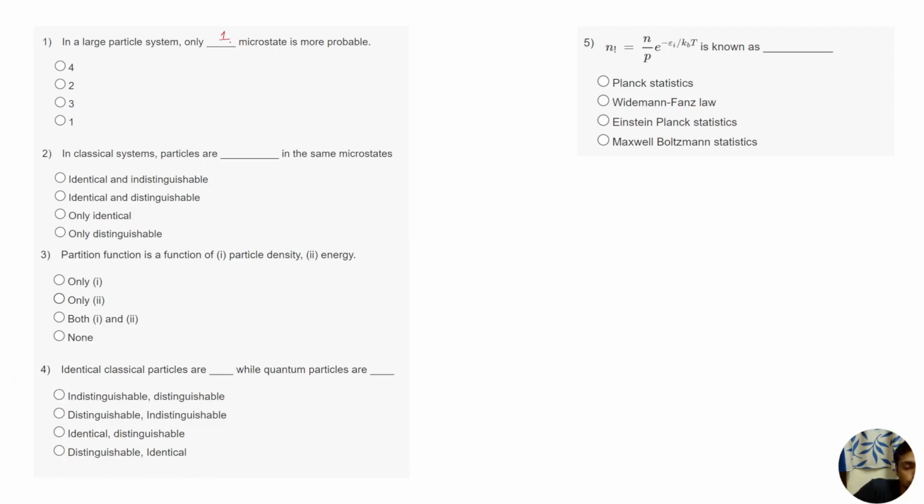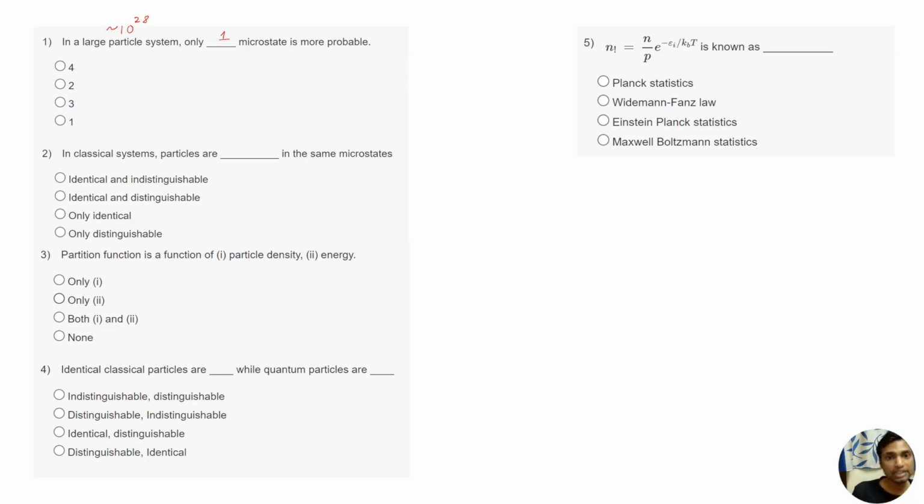In a large system, only one state means we are assuming that there are 10 to the power 28 particles around in 1 meter cube. Each atom will have a certain energy state.